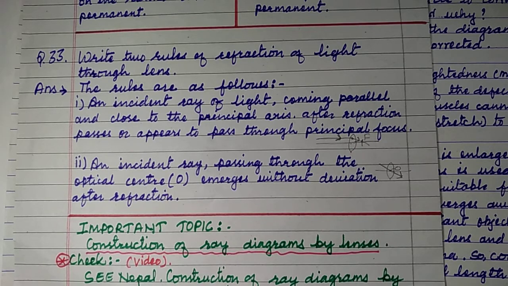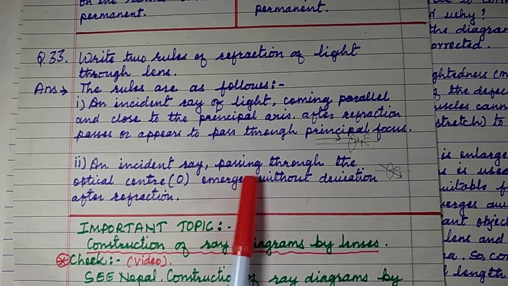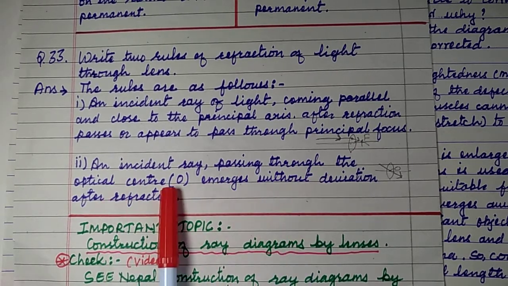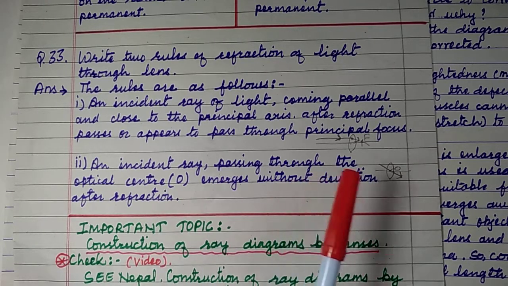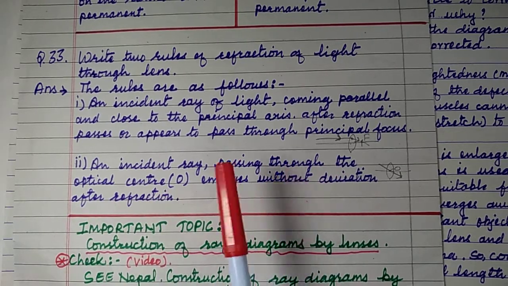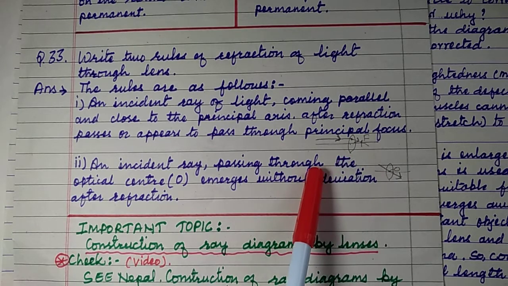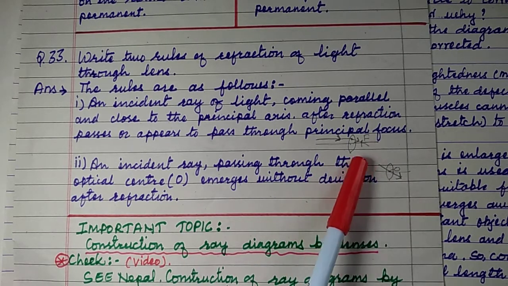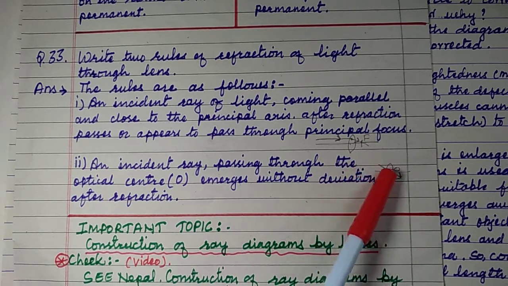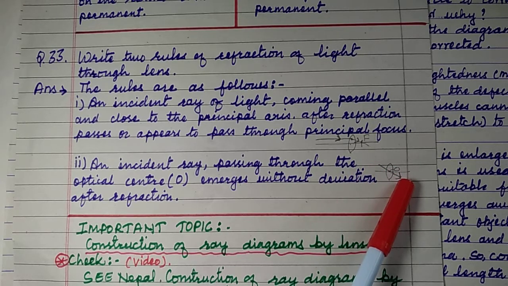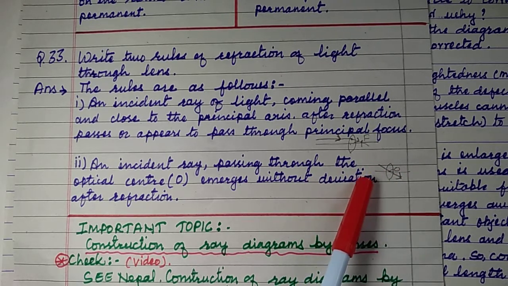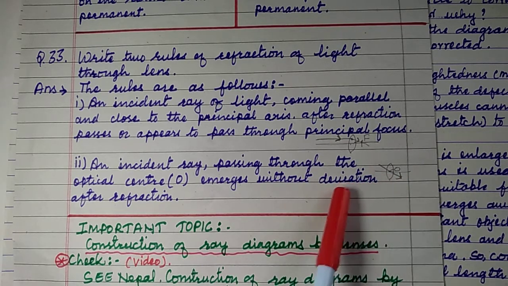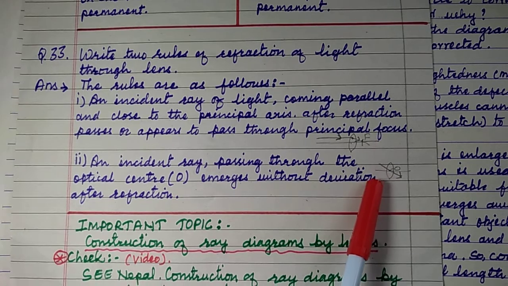And the next rule is, an incident ray passing through the optical center emerges without deviation after refraction. Now here you can see the light ray which is passing directly through the optical center, the geometrical center of the lens, does not bend, does not deviate, it emerges out without deviation after refraction.